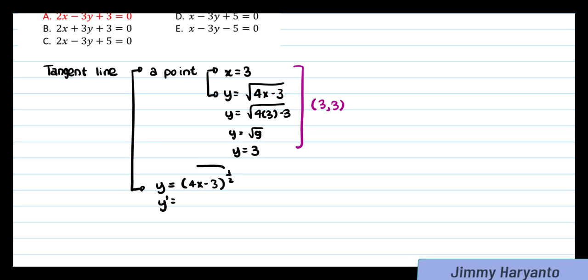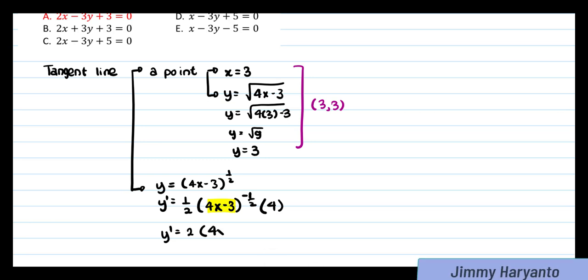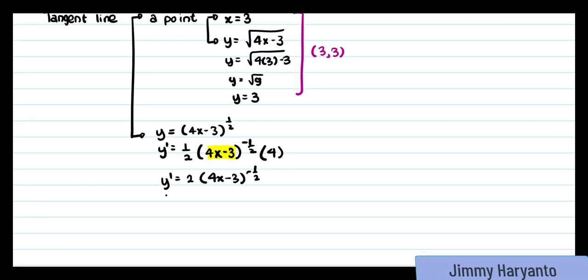And then next is to move the power down, and then minus the power by 1, negative half, and then multiply it with the differentiation of the inner function, that means 4, and altogether we will have 2 times (4x minus 3) to the power of negative half, that means y prime equals 2 over the square root of 4x minus 3. Okay, so this is the y prime.